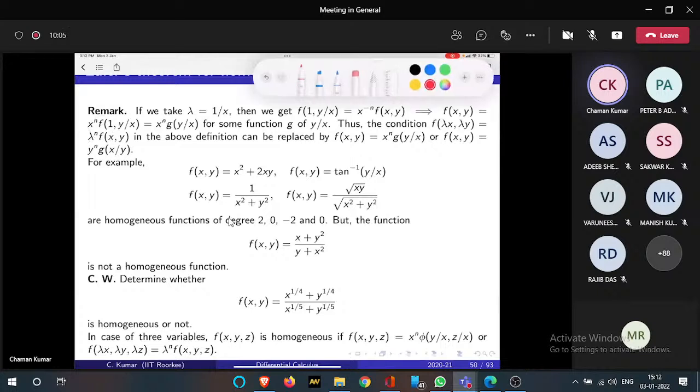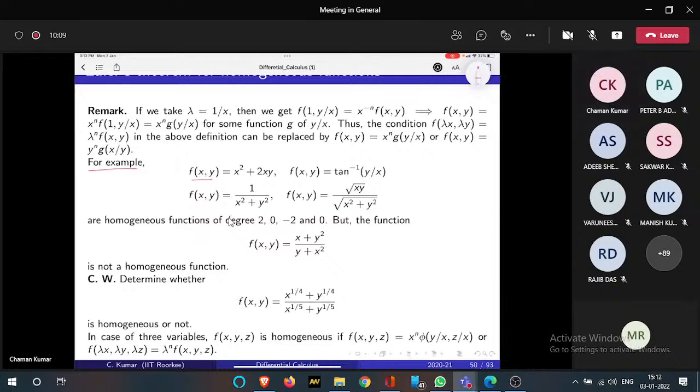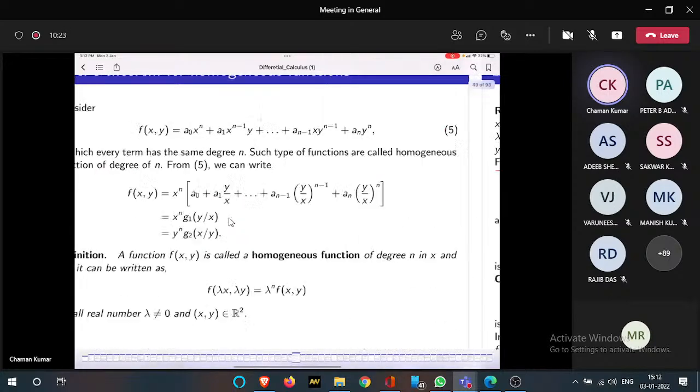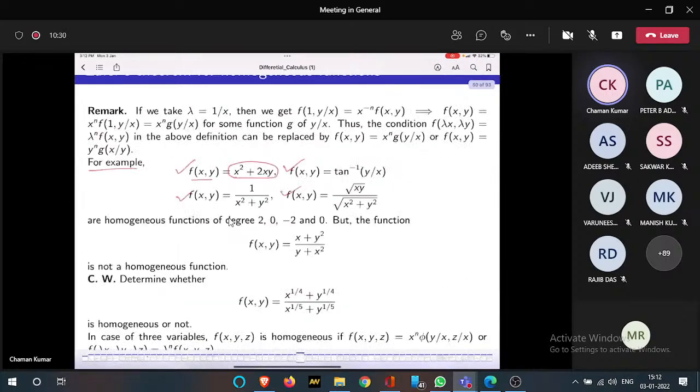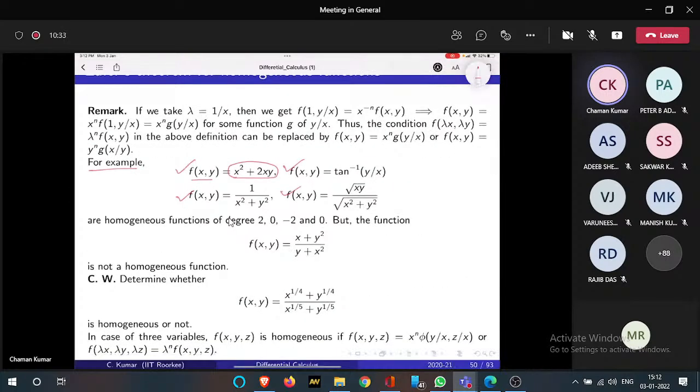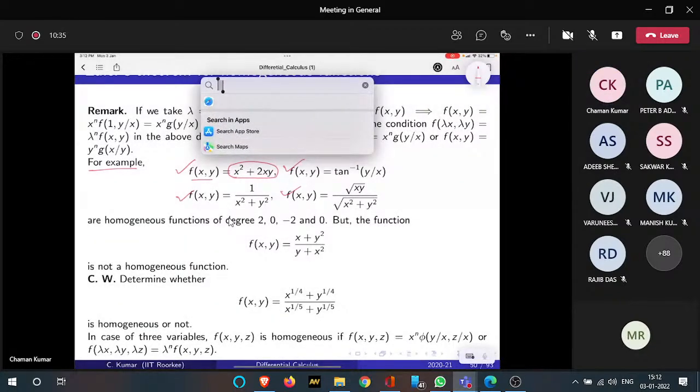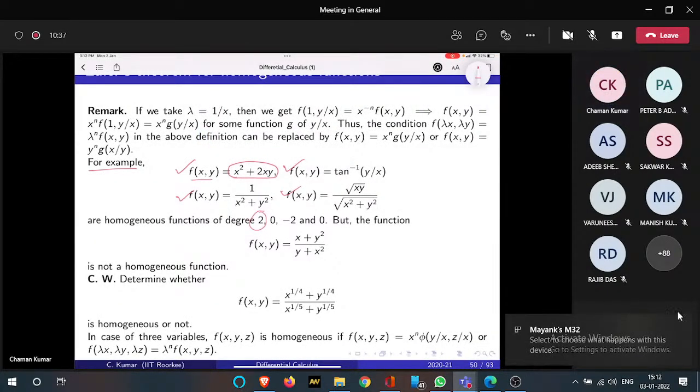Okay, so let us consider an example. Let us consider 4 functions: this is the first, second, third, and fourth one. Clearly the first function is in this equation form, so this is a homogeneous function of degree 2.